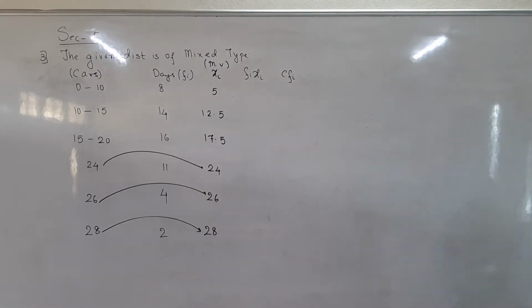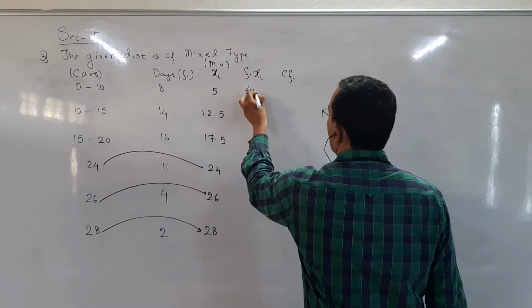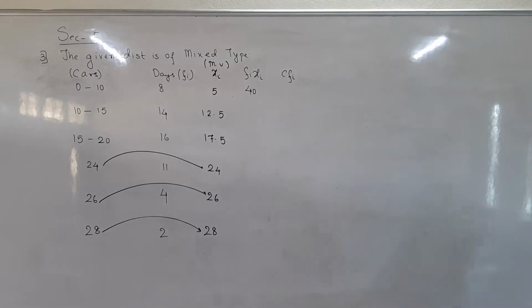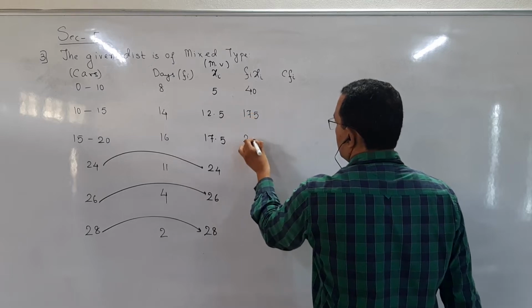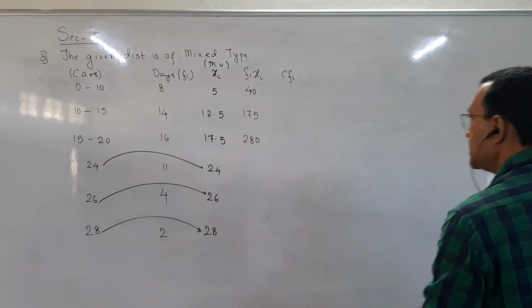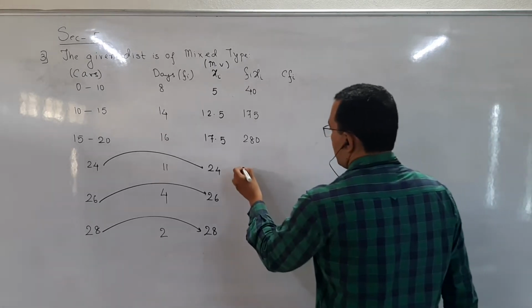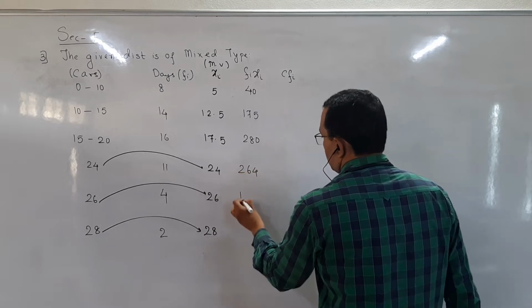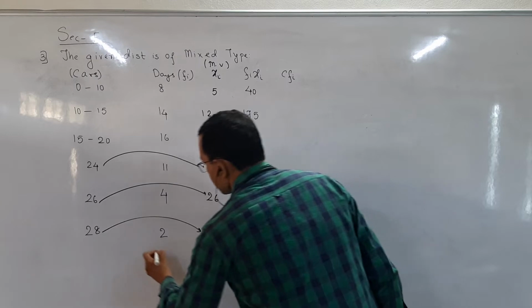5 into 8, so this is 40. 14 into 12.5, so 175. Then this value is 280, 16 into 17.5, then 264, 104, and of course this is 56.